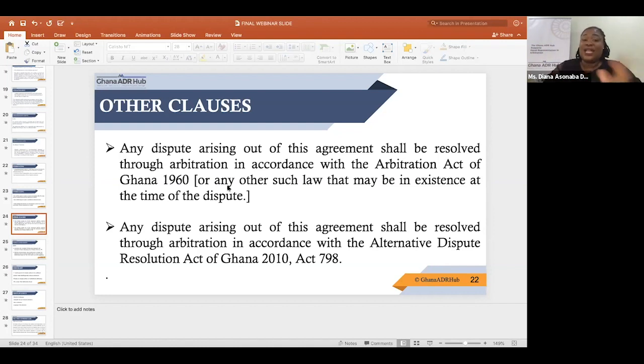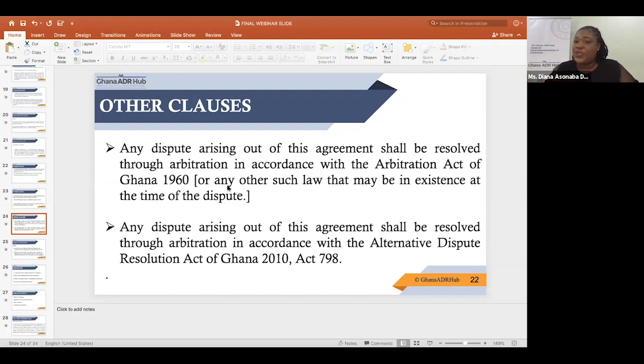Now again, this other clause that I usually see, people who know that the ADR Act is now the regulating act will have in their agreement, any dispute arising out of this agreement shall be resolved through arbitration in accordance with the Alternative Dispute Resolution Act. Here I want to point out that this clause is defective in the sense that even though the parties have chosen to use the arbitration rules under the ADR Act, they have not determined whether they will use an arbitral institution or they'll go ad hoc.